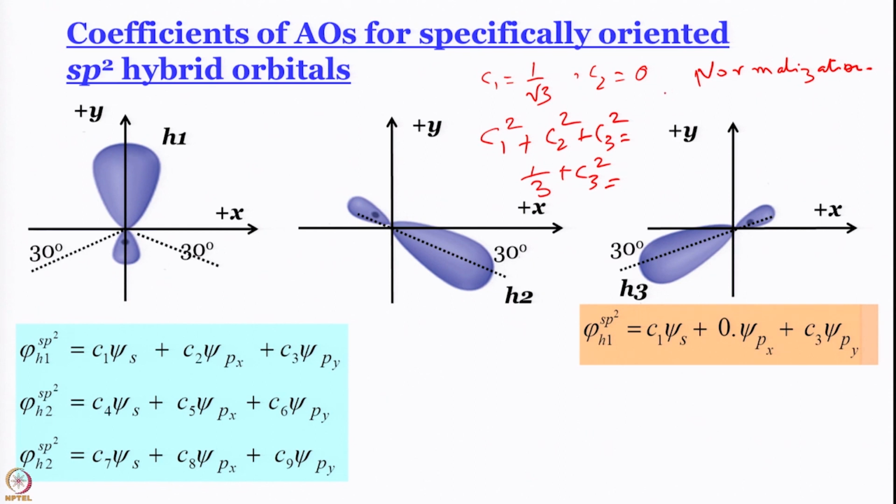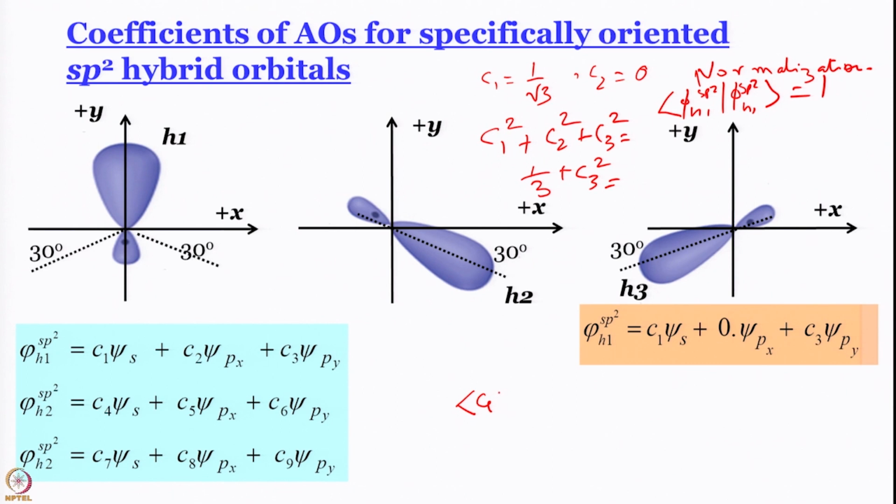Which means your integral phi h1 sp2 phi h1 sp2, that has to be equal to 1, which means I will write it here and then I will erase.